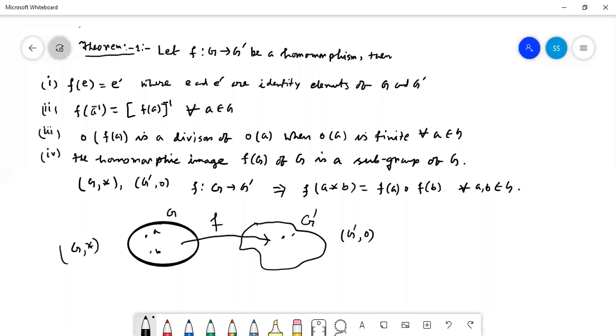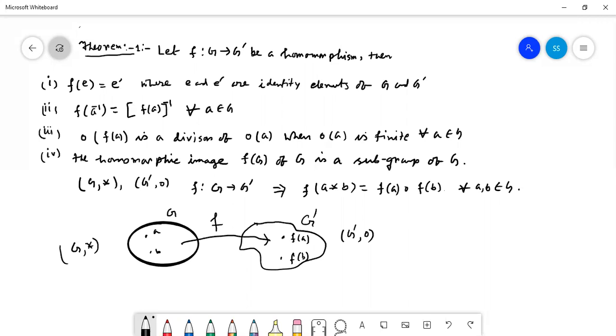Now here we get f of a and here f of b. The composition with respect to this is equal to the composition with respect to this. They are equal. The given function is such that they are equal. Then we can say that f is a homomorphism from G to G dash.